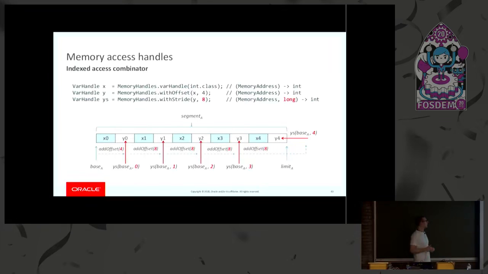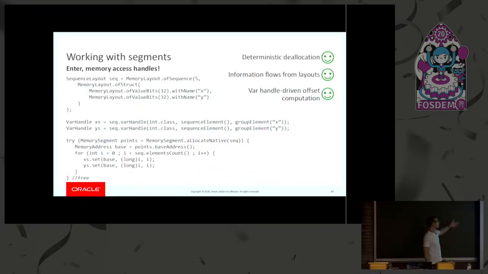Now, constructing variables like that may be a little bit painful. So we integrated this variable machinery with the memory layout API. As you can see in the middle sequence of this slide, we can derive all the variables for accessing x and y with 2 simple calls to the layout API. There is a variable method, you specify a carrier type, then you specify a path down to the element that you want to access, and so you can construct in 2 lines a variable for the x element and a variable for the y element.